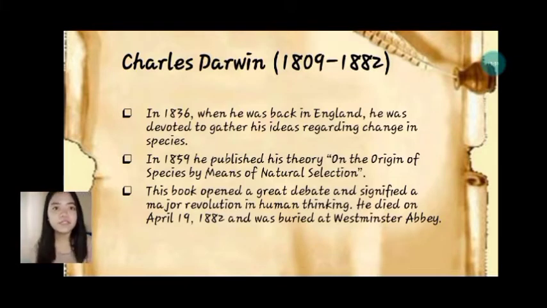In 1859, he published his theory, named The Origin of Species by Means of Natural Selection. So this book opened a great debate and signified a major revolution in human thinking. He died on April 19, 1882, and was buried at Westminster Abbey.